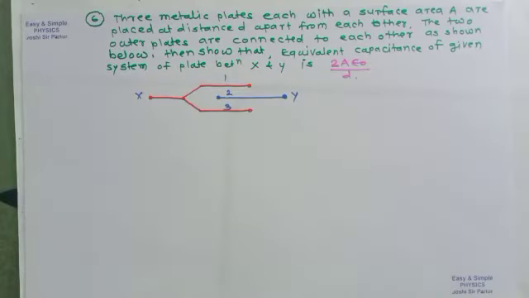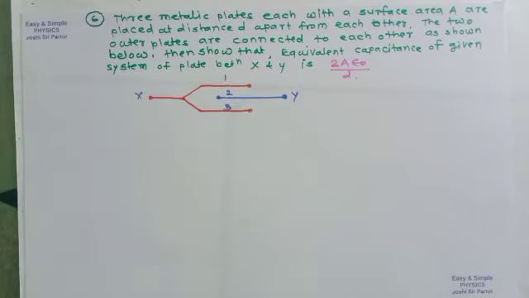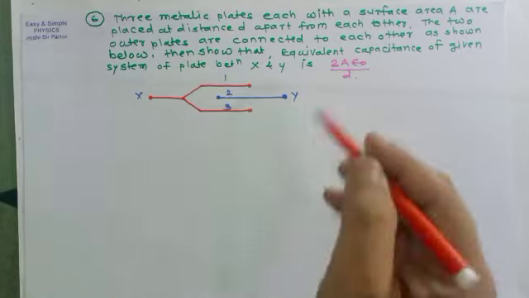Again, we have seen the three metallic plates. See here, number 1, number 2, number 3, each with a surface area A, are placed at distance D from each other.